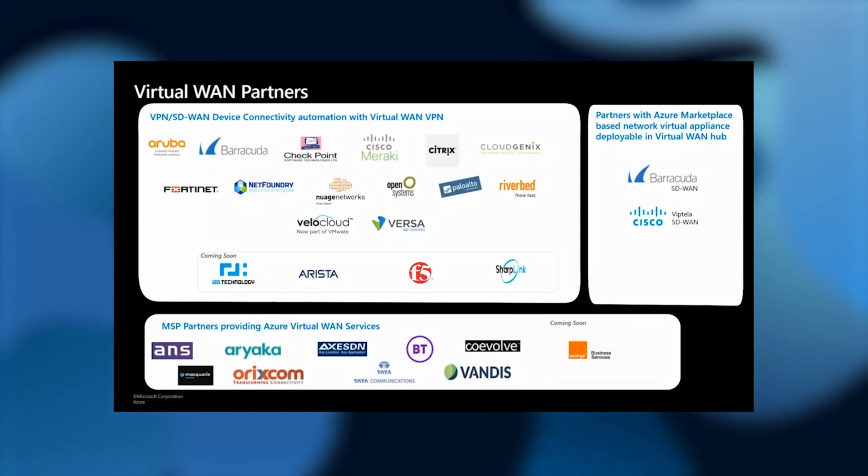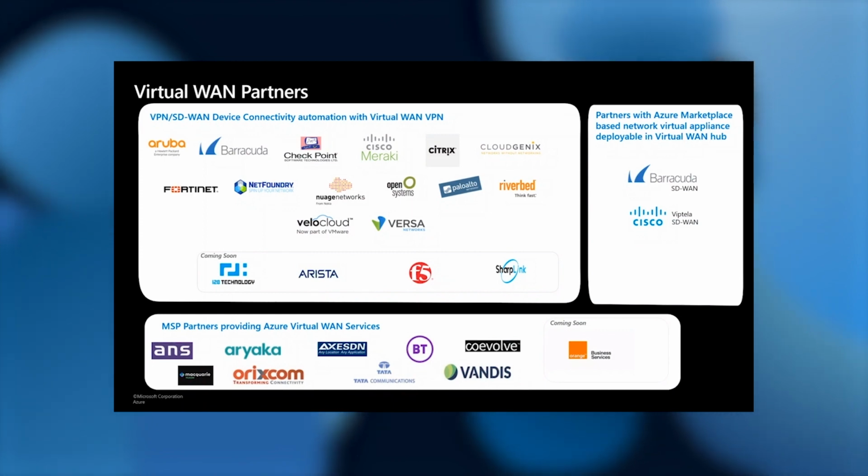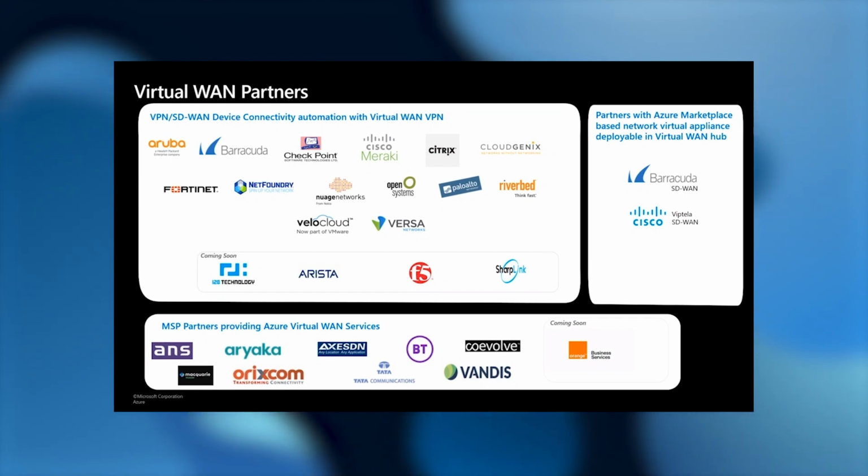Okay, so now the key part of the announcement is all the partnerships. There are 3 kinds of partners. In Virtual WAN, we have partners that automate connectivity from their devices into the Azure Virtual WAN VPN. We have partners such as the MSPs like the telcos or the SIs, the system integrators, that provide end-to-end connectivity services with Virtual WAN.